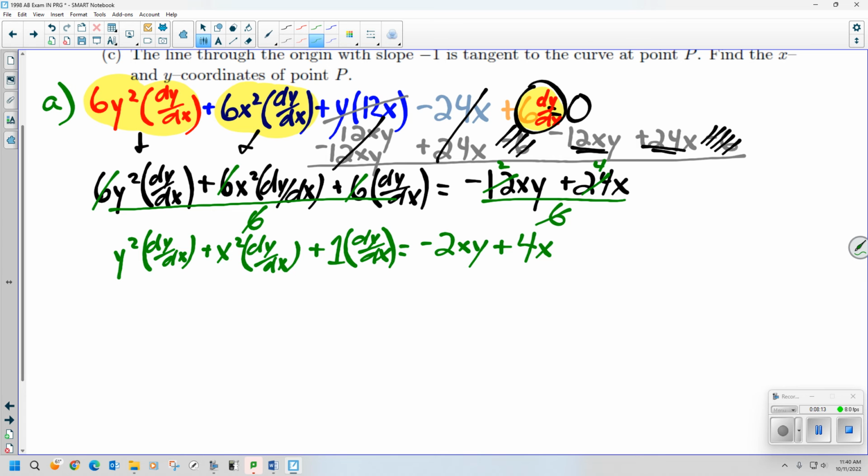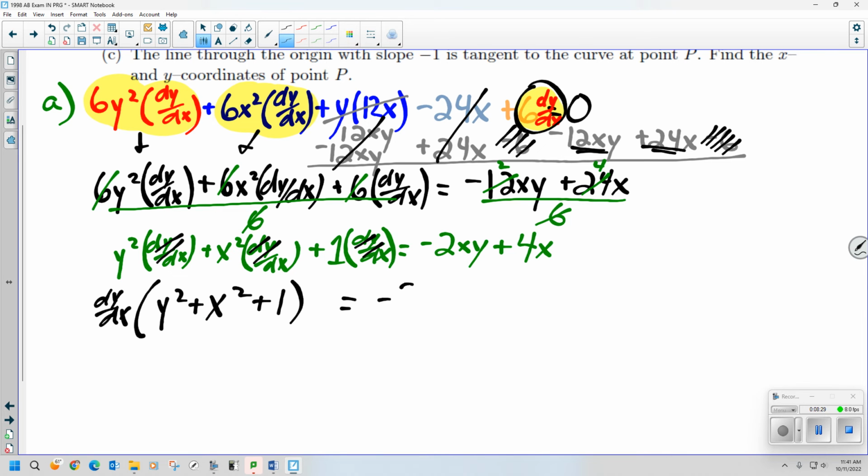And let's factor out on the left side. Let's factor out our dy/dx. I'm going to take this out of everything here, meaning I have y squared plus x squared plus 1 equals. The right side stays the same.